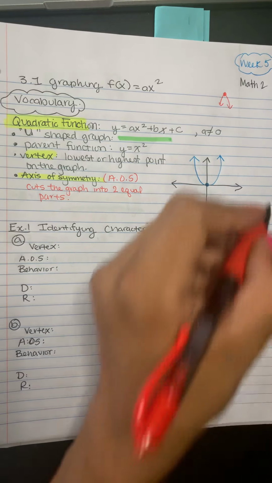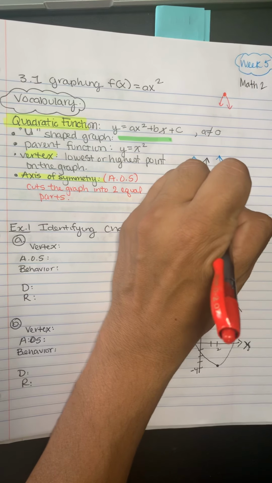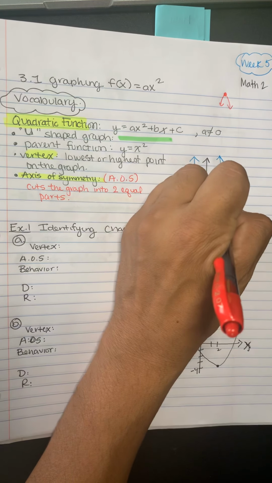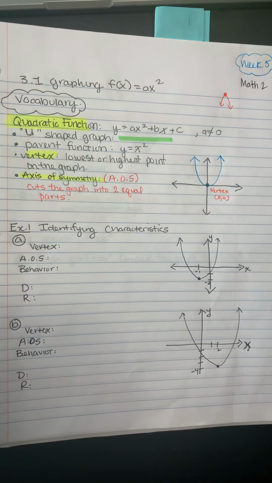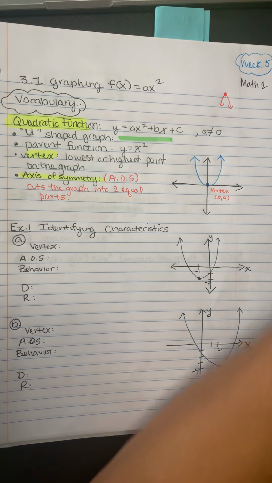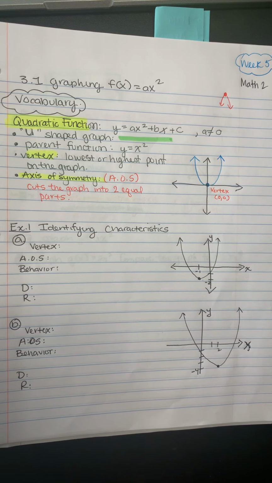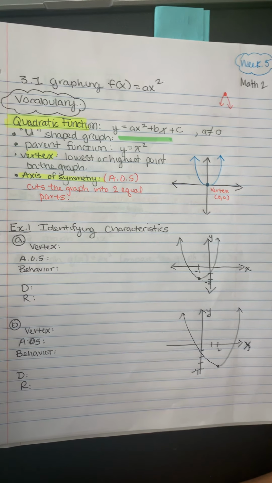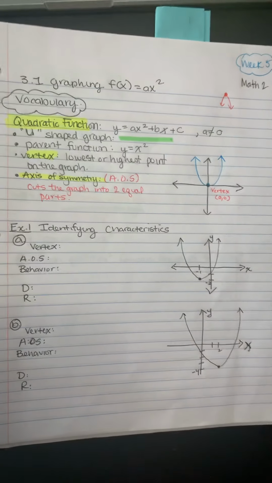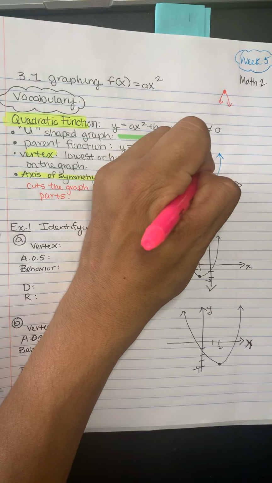So here's our vertex. Our vertex in this case is a point, and it is 0, 0. Our AOS, I will use a pink highlighter. It could be a dotted or a solid line.